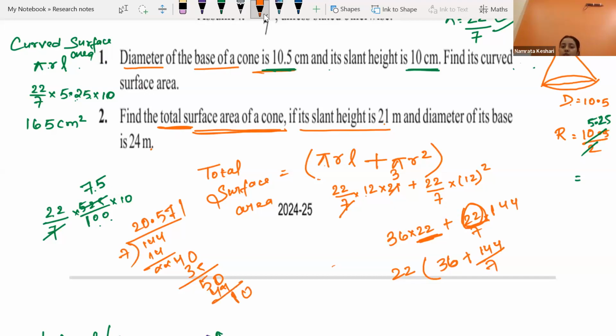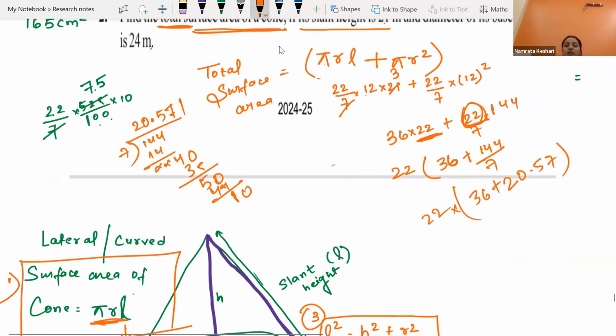So 20.57 plus 36. Okay, still we need to multiply by 22. We are getting 36 and 20, that means 56.57, and in that we still need to multiply by 22.